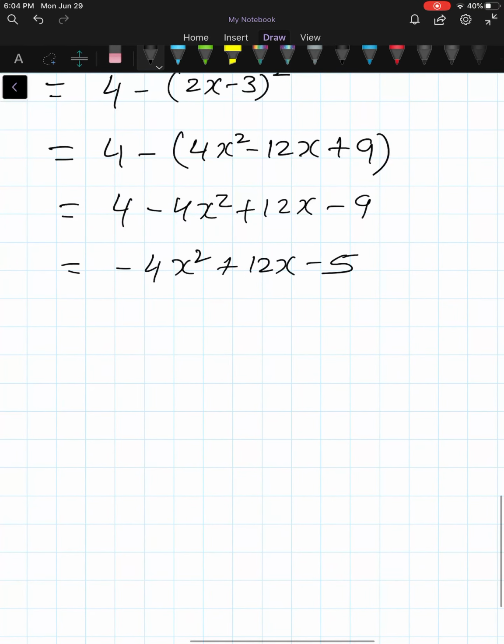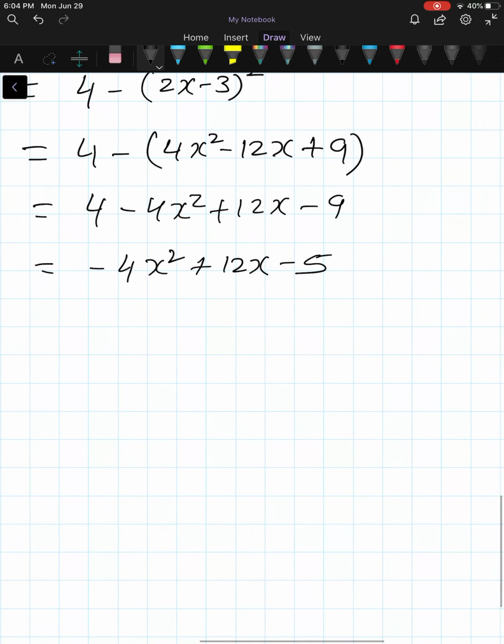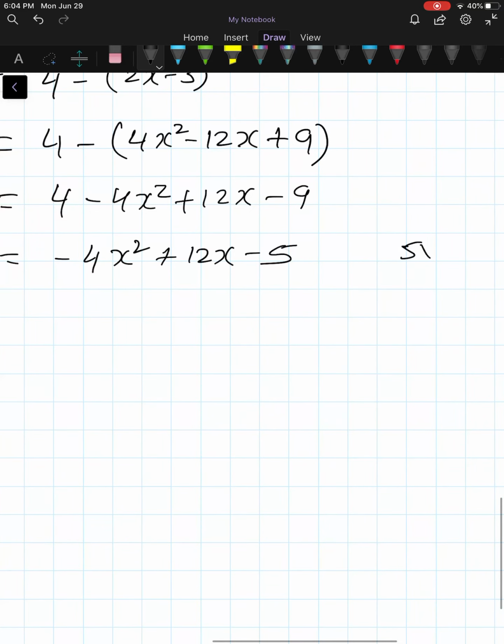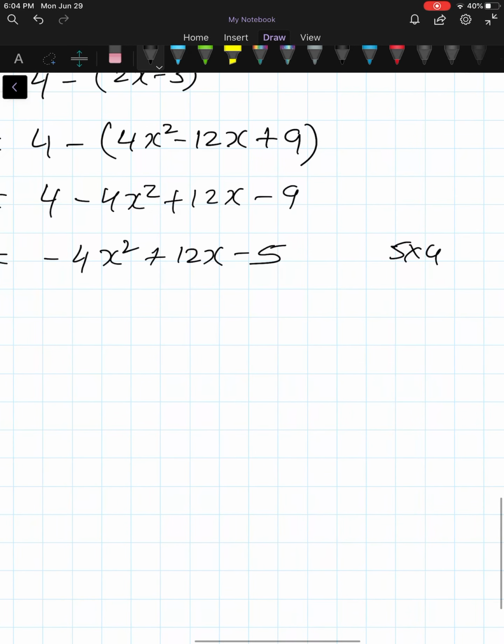Okay, so if it is possible to factorize it, we can do it. So that is 20, correct? 5 times 4 is 20. What are the factors? Are there any factors that give us 12? 5 fours are 20, 4 fives are 20. What else? 2 tens, 20, correct?